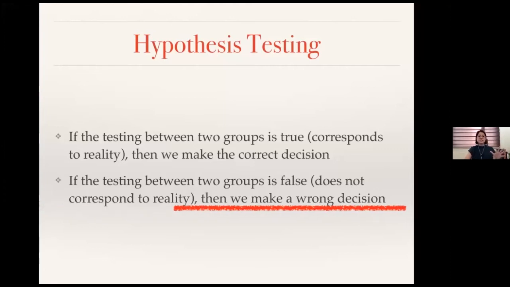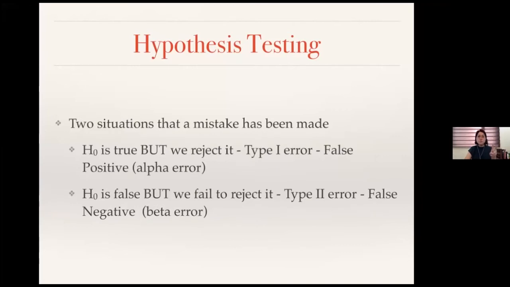When would be the times where we make a wrong decision? There are two possible situations. First, if the null hypothesis that there is no difference is true, then we should not reject it.